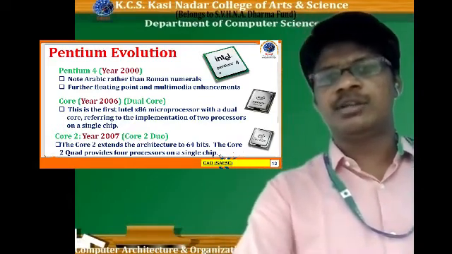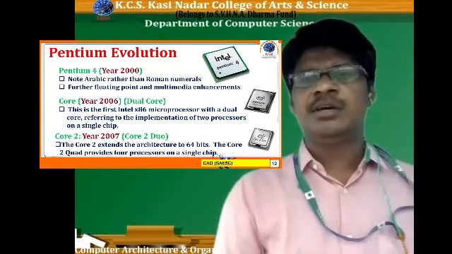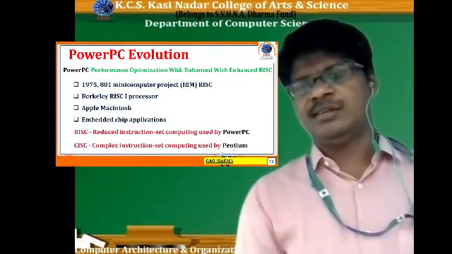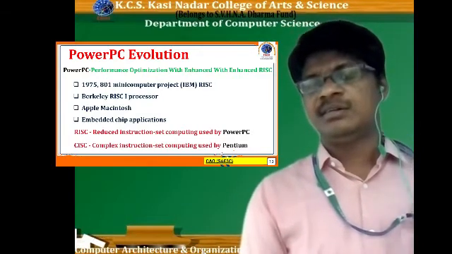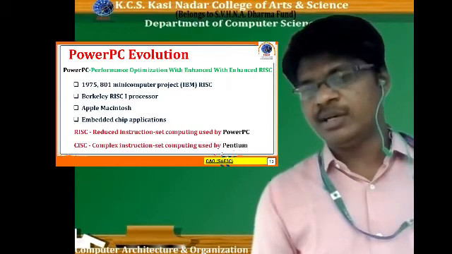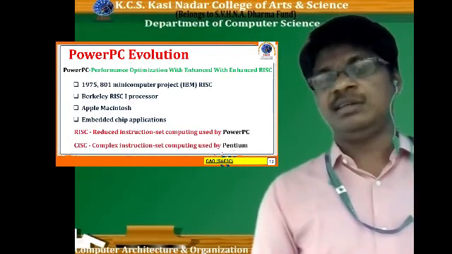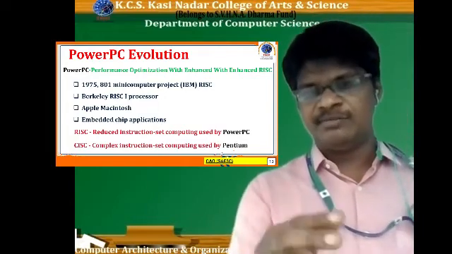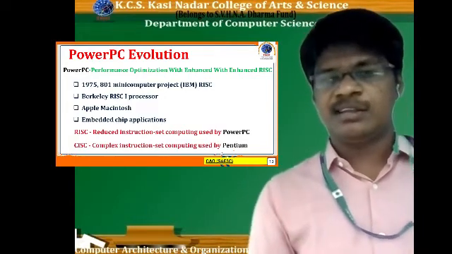Now we are going to see the PowerPC processor, which is widely used, but it uses RISC. The Pentium used complex instruction set computing, CISC, whereas the PowerPC used RISC. What is the difference between RISC and CISC?